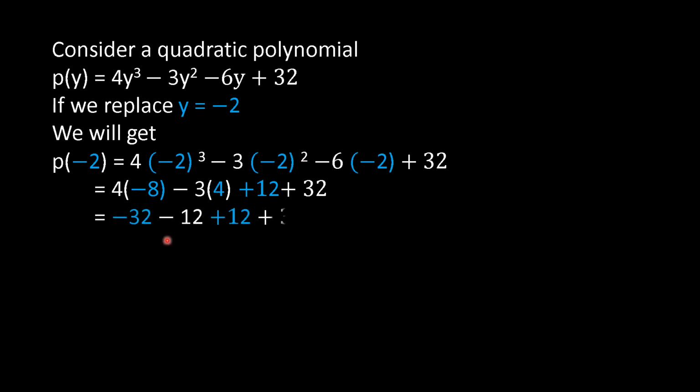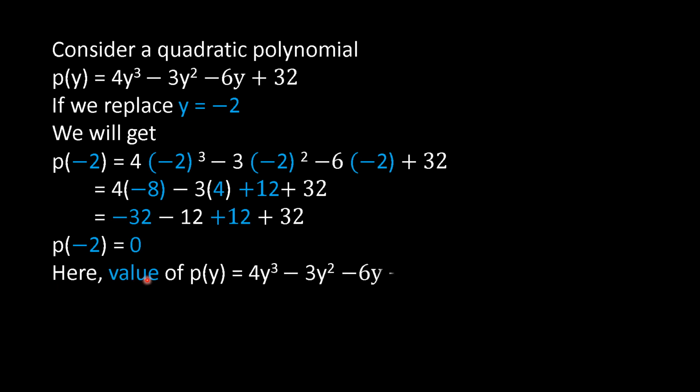So we get -32, -12, +12, +32. -12 plus 12 will be 0, -32 plus 32 will be 0. So p(-2) will be 0.